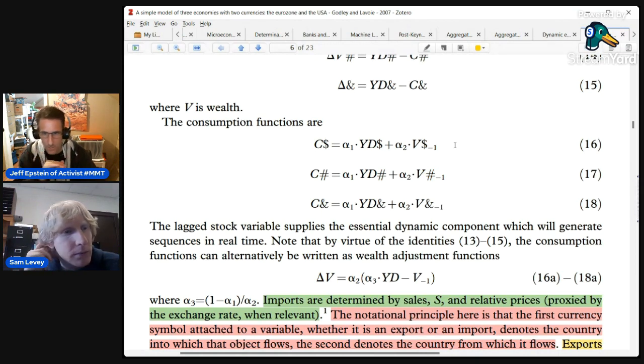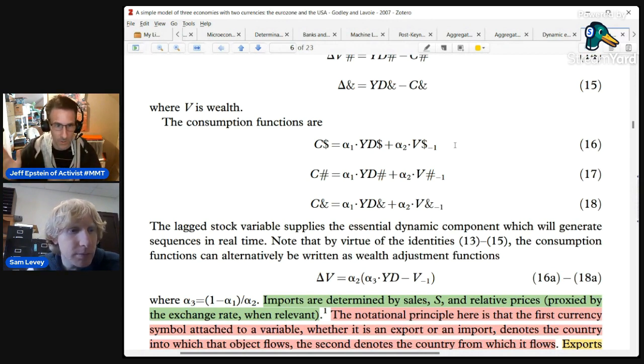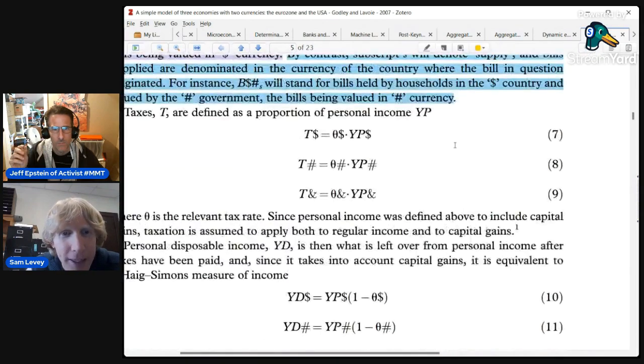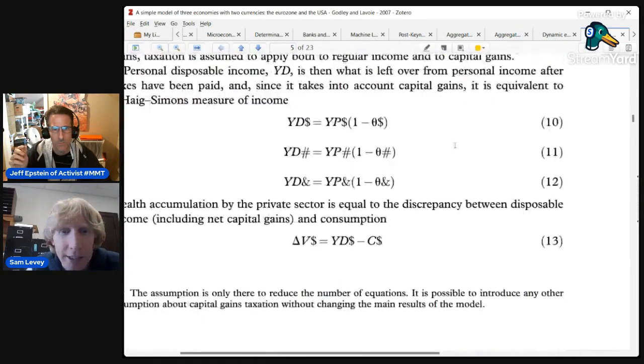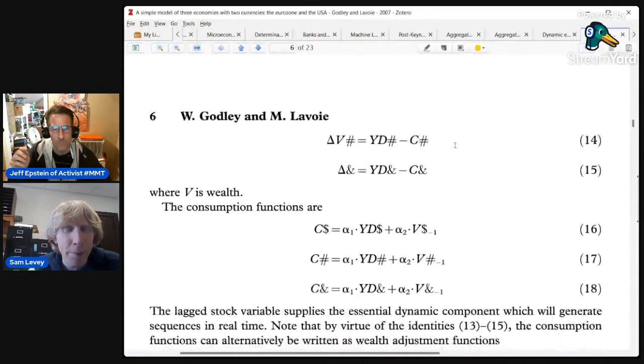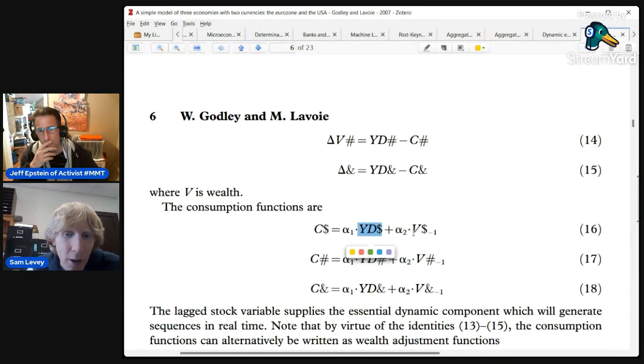But it's not correct to say that when we press go, -1 expired at that point. When you press go, -1 exists like before you press go, right? Every single one of these variables, they're not really writing it, but you can think of a little subscript t that tells you what time we're currently looking at. So consumption in period 7 would be influenced by income in period 7 and also wealth from period 6.